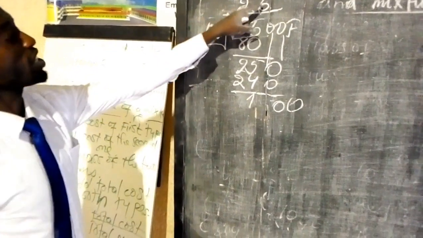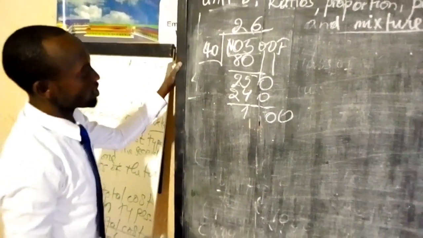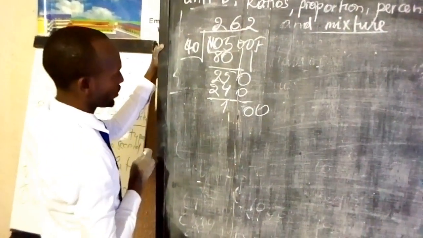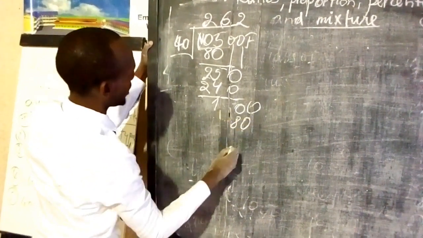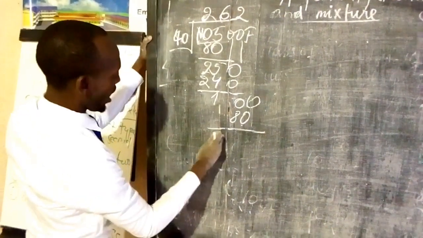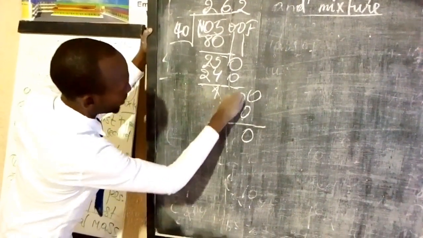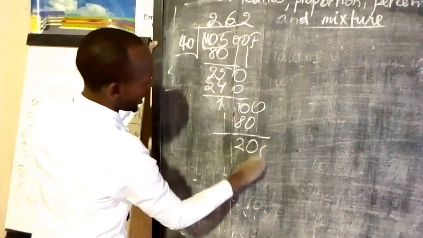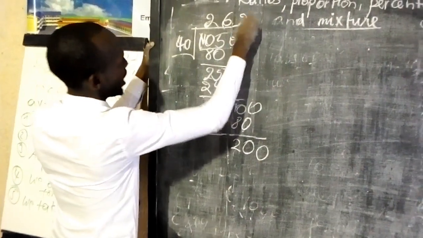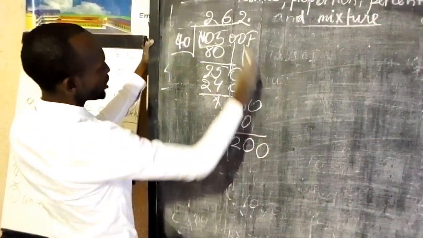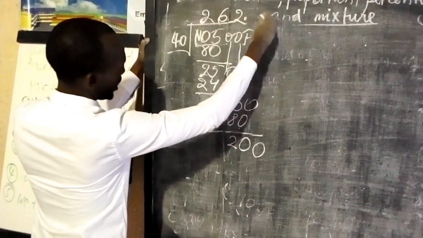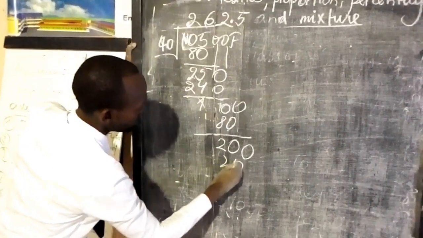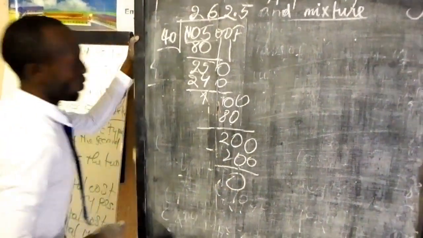Which number can I put here up? When I multiply by this, I get 100. So there I see that the number which is in here is 2. 2 times this, I get 80. Then I subtract. I get 0, 10, 2. The answer is 262, but here I put a point, because I hit on decimal parts. I put here 5. 5 times 40, I get 200. Subtract, I get 0.